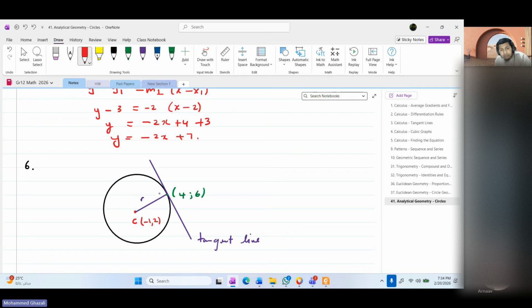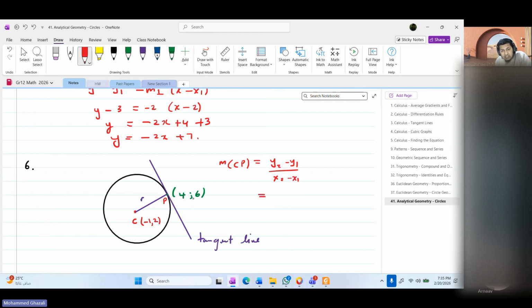This is what we do. First, we find the gradient of CP, where P is the point of contact, which equals y2 minus y1 over x2 minus x1.